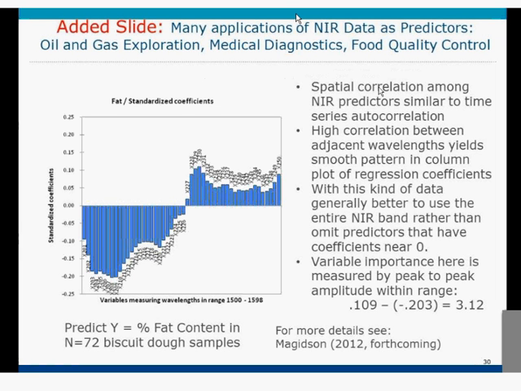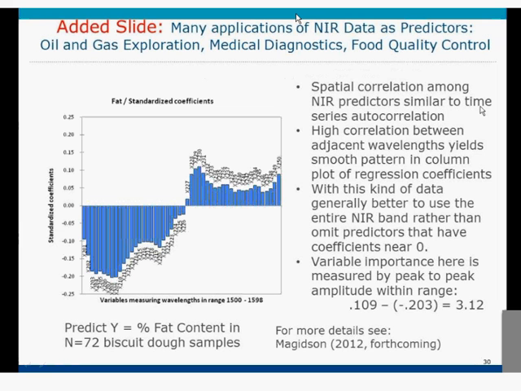This is similar to time series data. We get measures over time, so if we have measures close in time, those measures are going to be highly correlated, autocorrelation. With that kind of data, the regression coefficients that you get turn out to have a certain pattern.